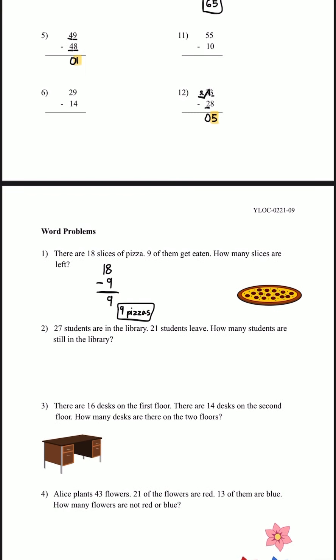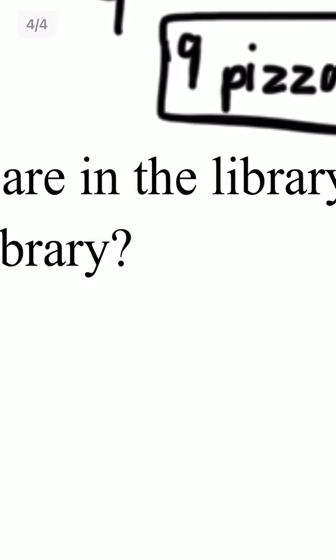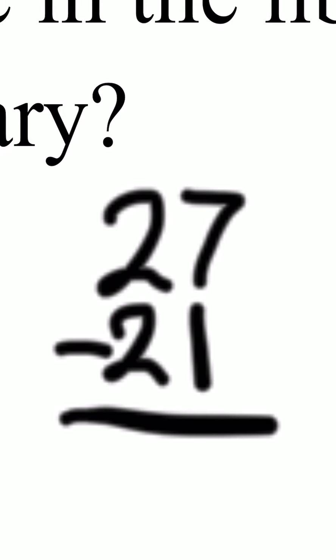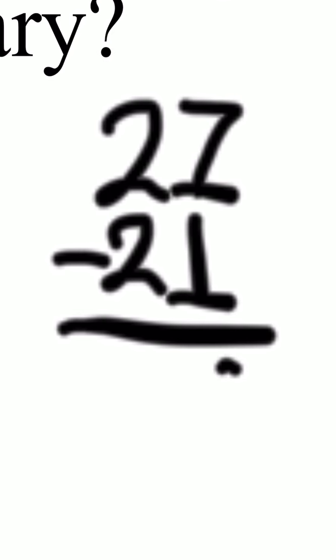Let's look at number 2. For number 2, it says 27 students are in the library. 21 students leave. How many students are still in the library? So we need to subtract 21 from the total, which is 27. And 7 minus 1 is 6.